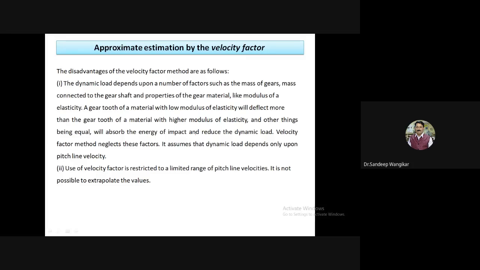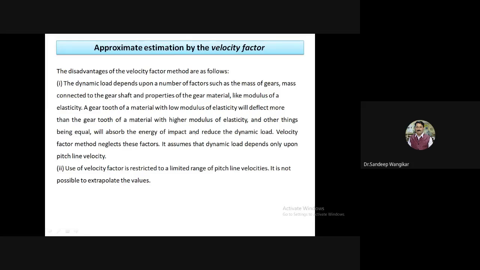This also has disadvantages. The dynamic load will depend upon the mass of the gears, the mass connected by the gear shaft, and other properties of gear material like modulus of elasticity. These are not considered. It assumes that dynamic load depends only upon pitch line velocity.